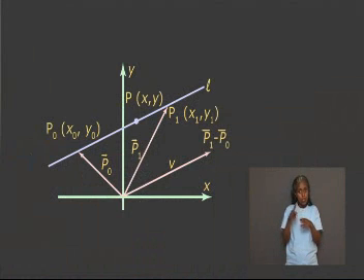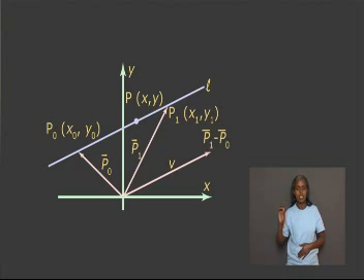Observe this collection of vectors. Note the relationships between the various points. Vector P1 minus vector P0 is equal to x1 minus 0 and y1 minus 0. They are position vectors corresponding to points P1 and P0.